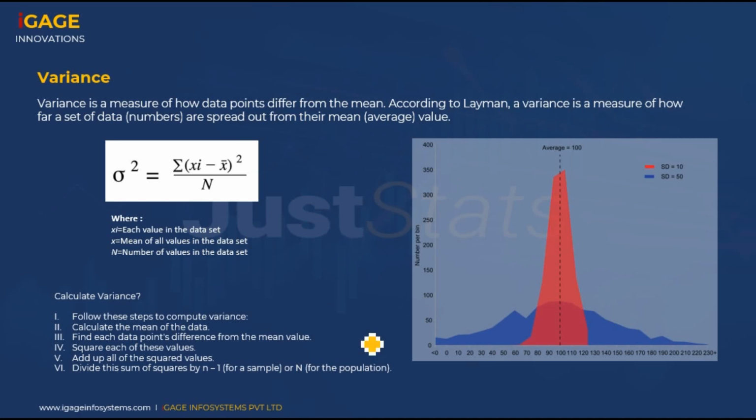If you see this formula, xi is nothing but the data points, and x bar is the mean value. So we are trying to find the deviation from the mean value. The greater this value, the larger the variation between the data points and the mean; the smaller the value, the lower the variation among the data points.